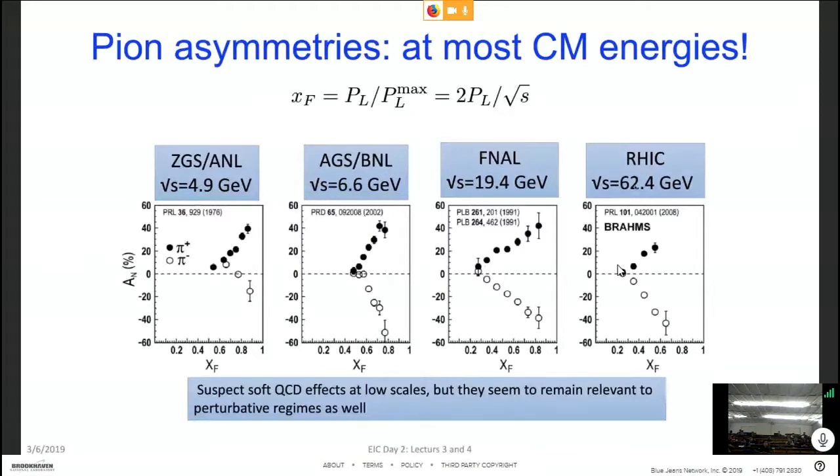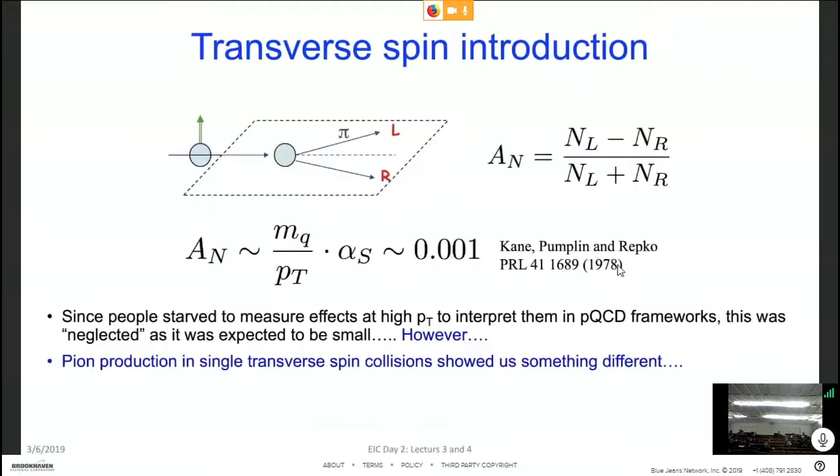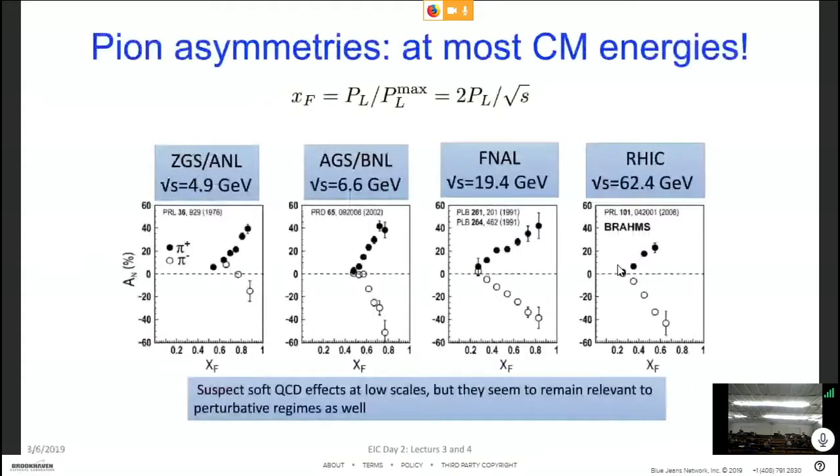And finally, at 62 GeV, they saw this again. When the expectation was 0.001, we were seeing asymmetries of the order of 400 times larger than were expected from the theory, a simple theory.